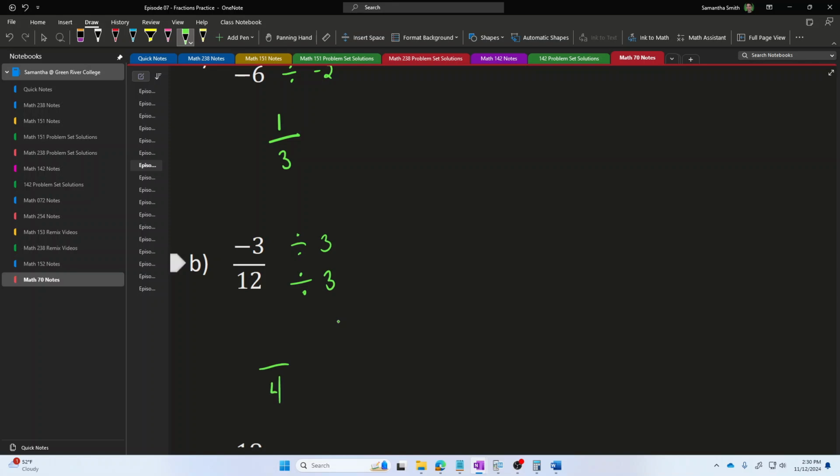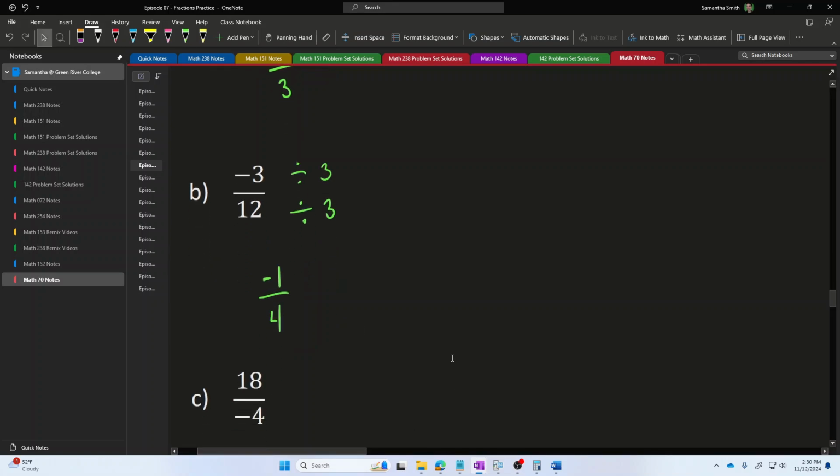And negative 3 divided by 3, because I have an odd number of minus signs in that calculation, the result is going to be negative. And then 3 divided by 3 would be 1. So I have in total negative 1 in the numerator. Negative 1 divided by 4 would be the result of this simplification.